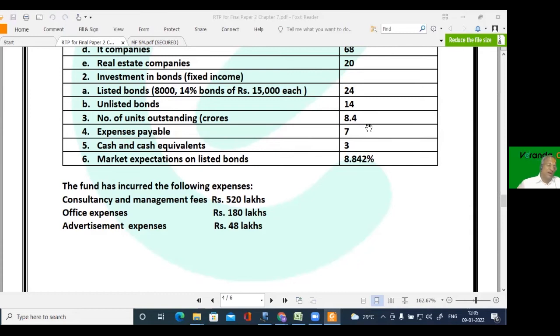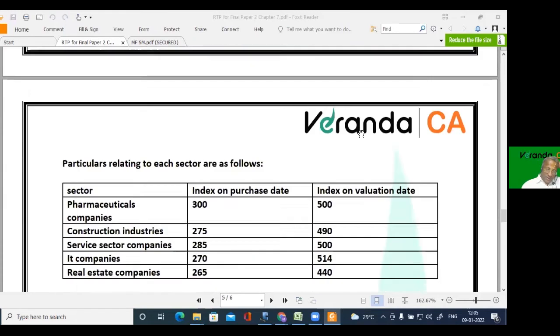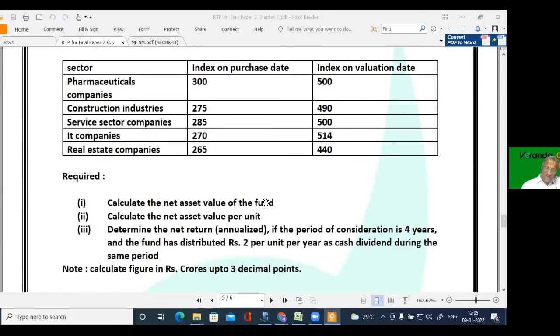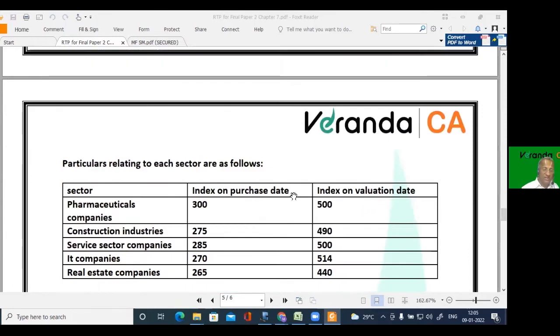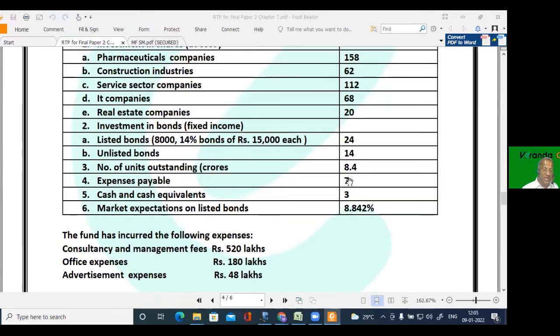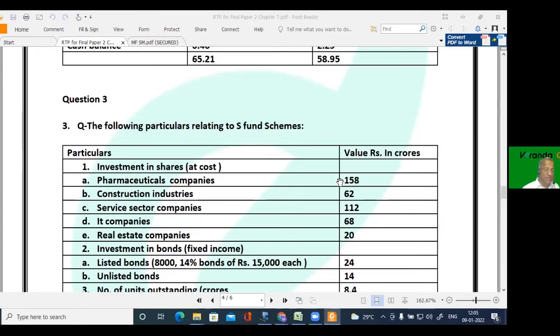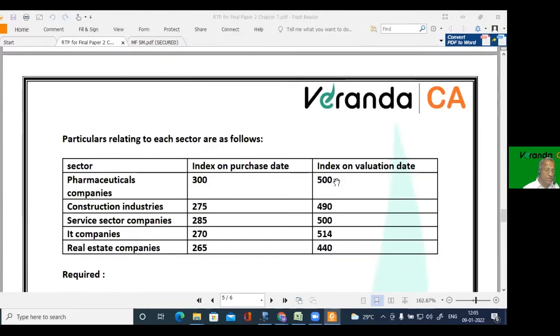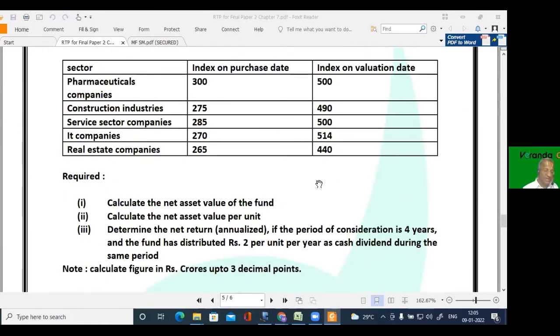Number of units, no change. So we can find out the net asset value of the fund and divide by the number of units, with no change in the units. Maybe it's a closed-end scheme, so there will be no change. You can arrive at NAV.